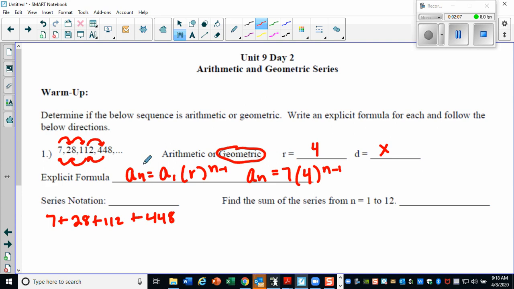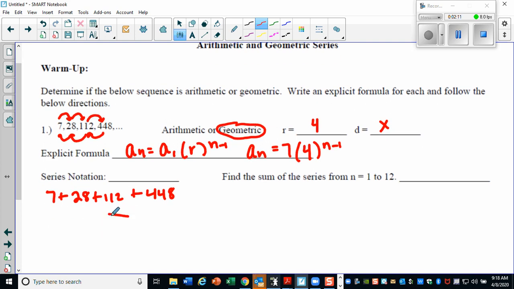Remember that's when we use this big E, or sigma, and that tells me to add everything up. So n equals 1 means start with the first number, which in this case is 7, and add up to infinity, so I'm going to add every single number possible. Then I put my formula in there: 7 times 4 to the n minus 1.